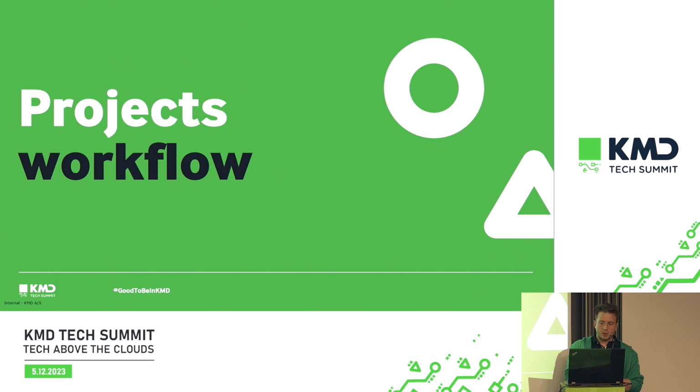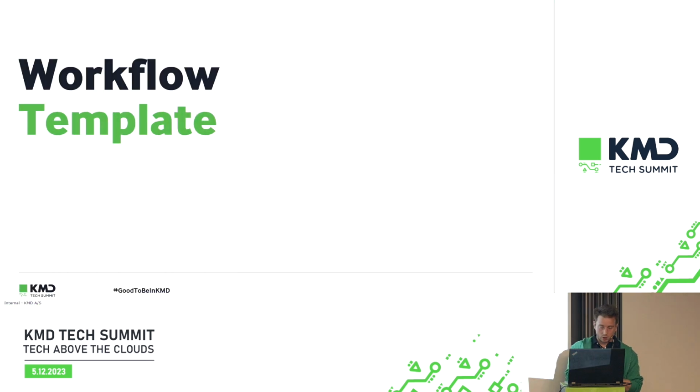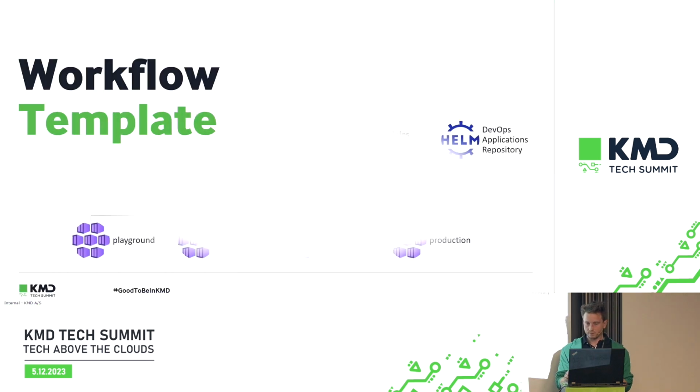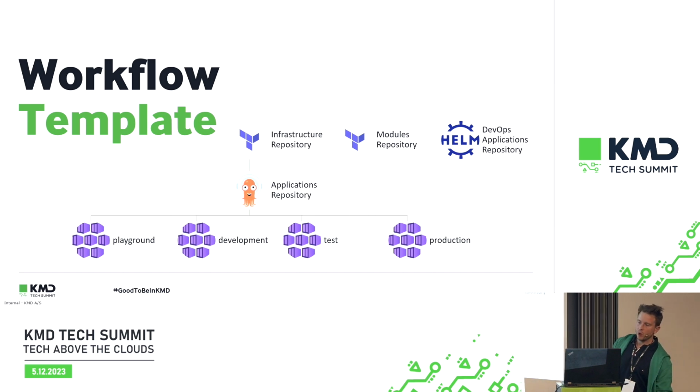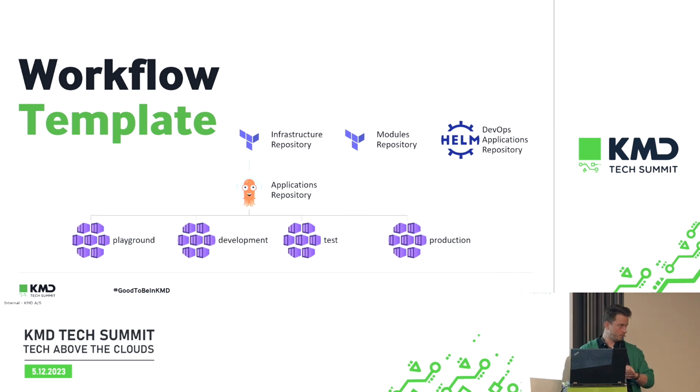And what is our current project workflow? Right now, it looks like this. We have a separate repository for our modules in Terraform. We have a separate repository for our projects and DevOps applications, let's name it Grafana and Prometheus.